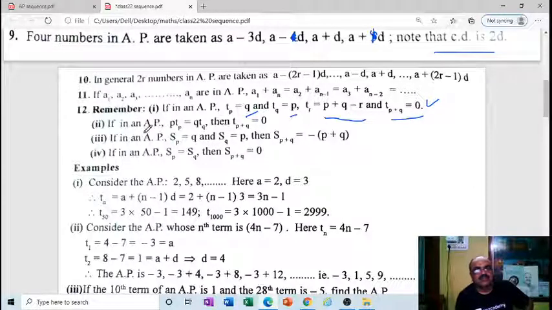Then, if in an AP, P into TP equals Q into TQ, then T of P plus Q equals 0. Second concept to be remembered.